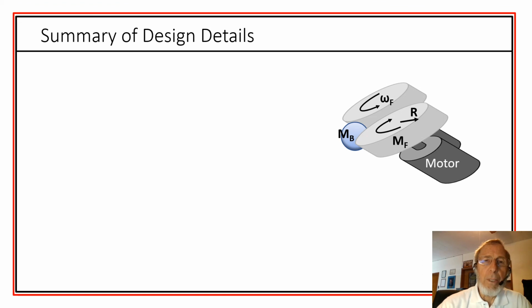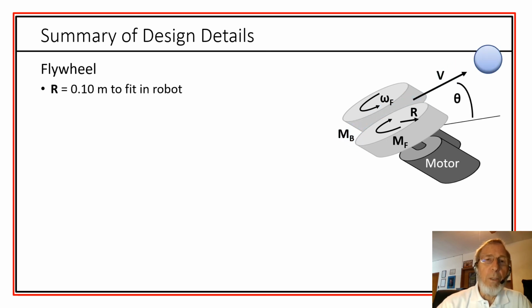So let's look now at a summary of what we've accomplished. We were attempting to define details of our design. We used simulation techniques to do calculations and figure out these details. For the flywheel, we found that 0.10 meter was probably about the right size, because much larger and it won't fit in the robot and allow the ball to fit between two flywheels.